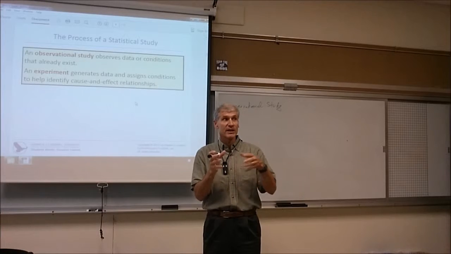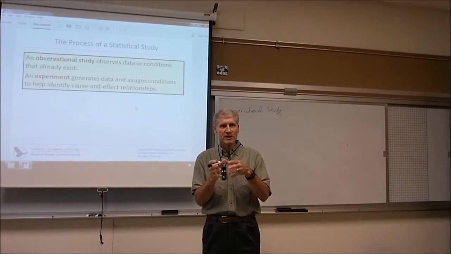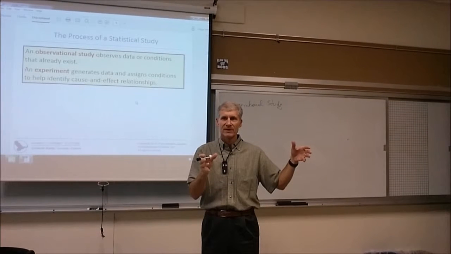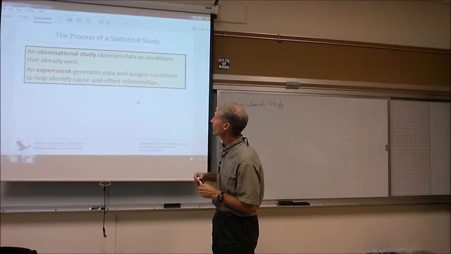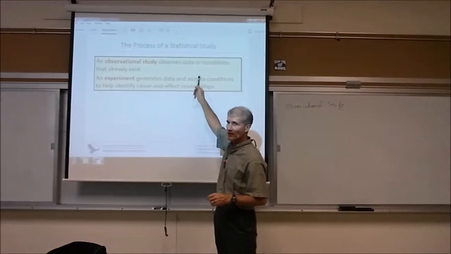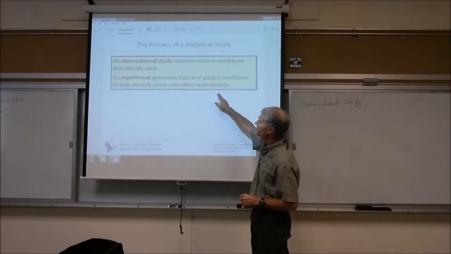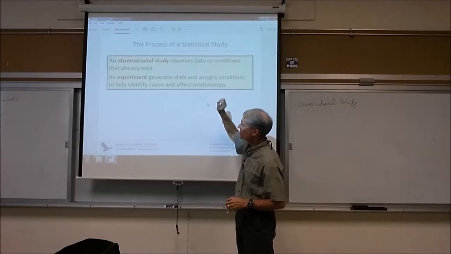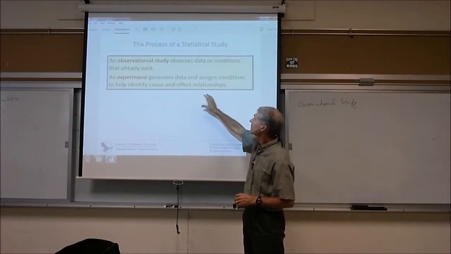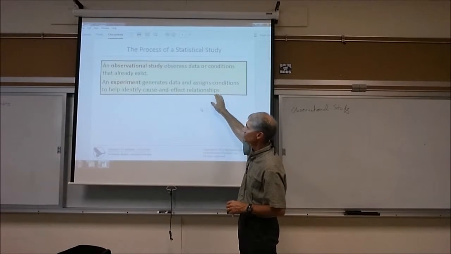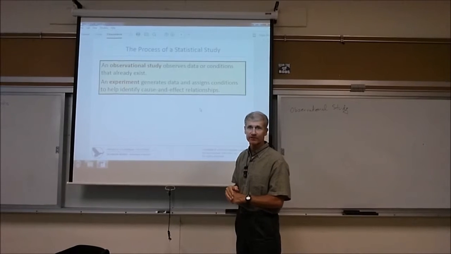Well, that data doesn't already exist when the study starts. They have to wait for that data, right? But the main hallmark is you're just observing what's already happening. Whereas an experiment is designed to generate the data and assigns conditions to help identify a cause and effect relationship.